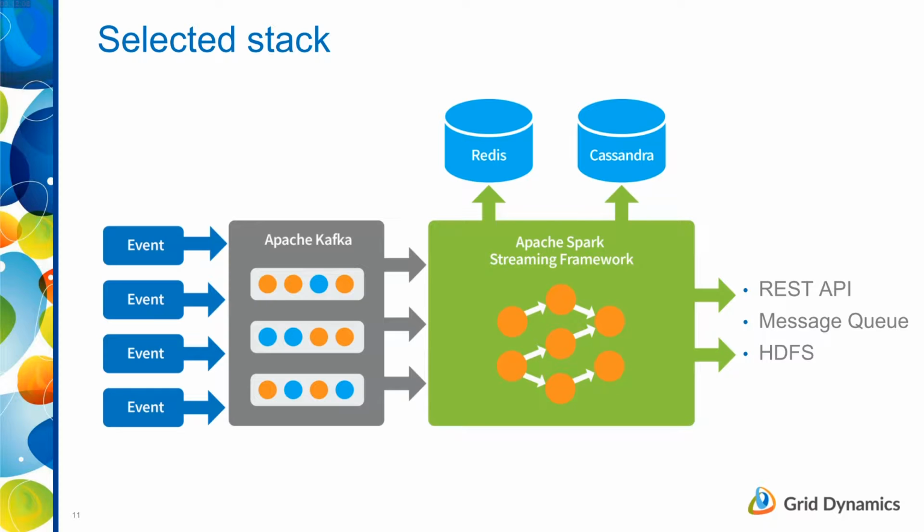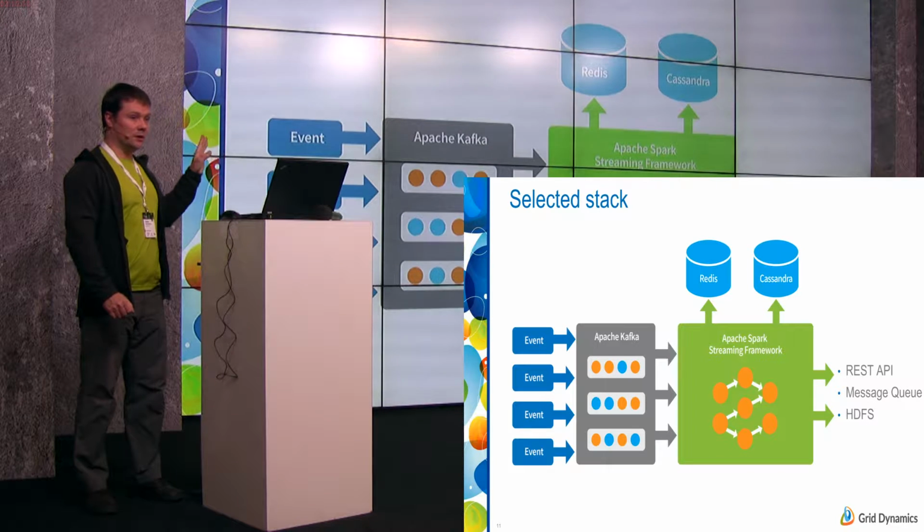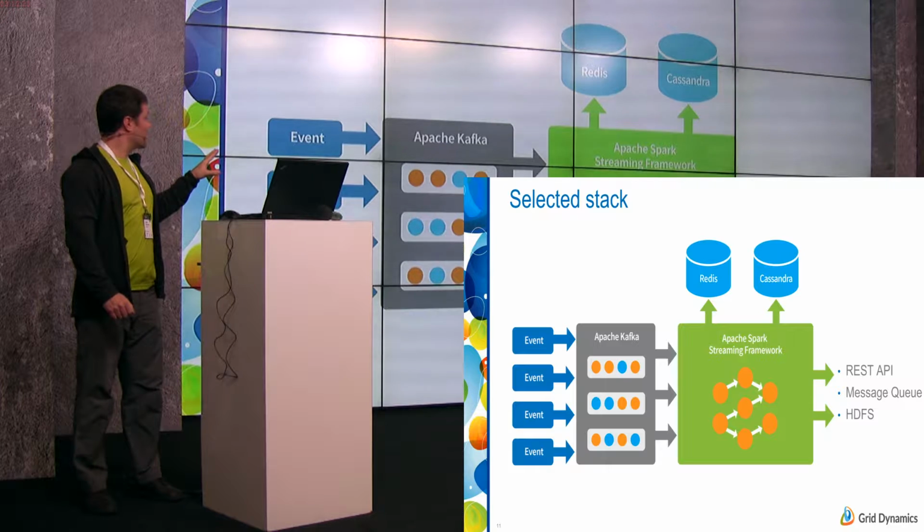I spoke about the roles, so let's talk about the players now: what technological stacks we have. I will just identify the names and show you the places where they are located.